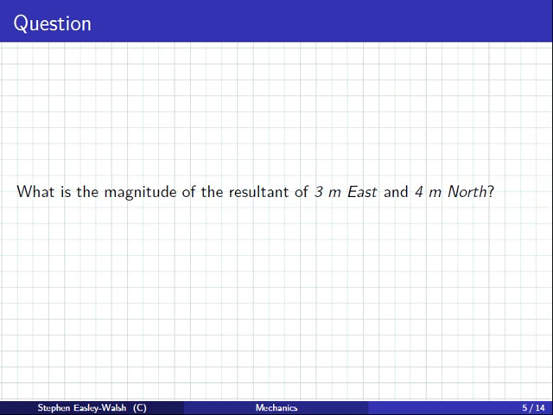What is the magnitude of the resultant of 3 meters east and 4 meters north? So by using Pythagoras, we get 5 meters northeasterly, roughly. But it's just the magnitude, so it's 5 meters. And this reminds us of the famous triangle called the 3-4-5 triangle as well. Yeah? Okay.